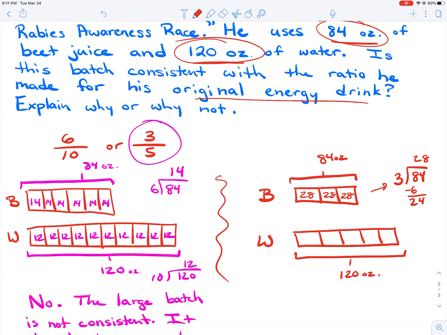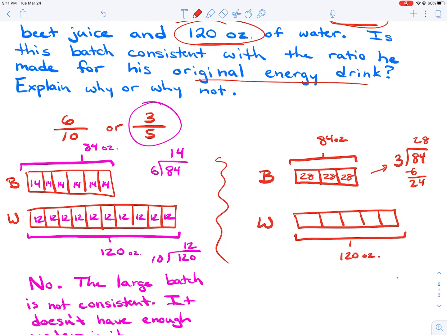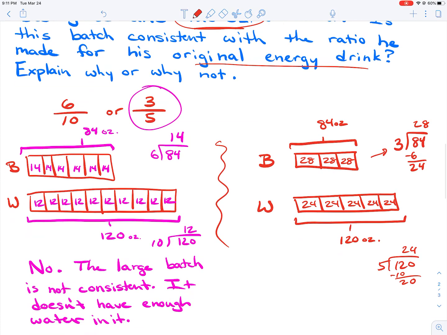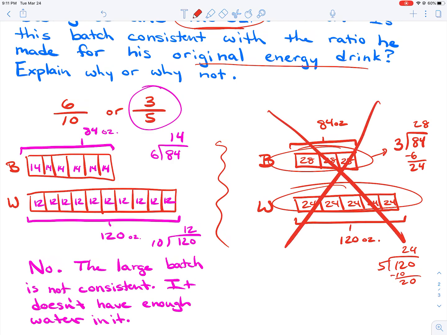And at the bottom, if we do 120 divided by 5, that gives us 24. So again, we can see that this is not a consistent ratio because our two unit values are not the same. They should either all be 28 or they should all be 24. But when you have one that's 28 and one that's 24, that means you do not have a consistent ratio.